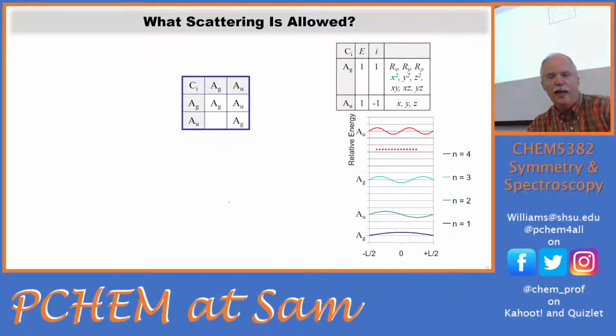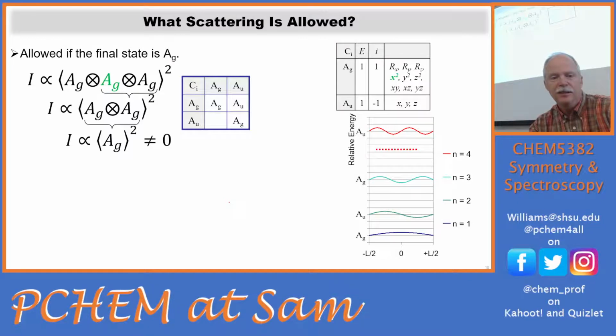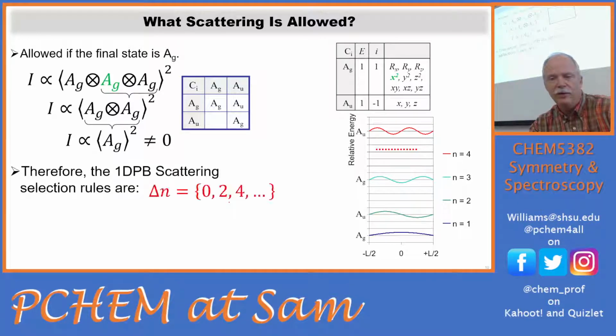Okay. What can it do? Well, if the final state is AG, then it's allowed. So we have AGs all around, and that's top row, and that's going to be allowed. So we can have light interact with this level and that level, and we could have it interact with itself. So it could scatter light.